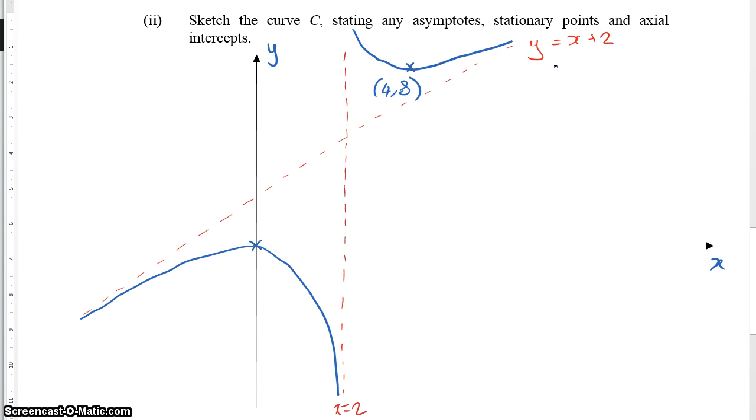So this would be what my graph looks like, roughly speaking. I've labeled my asymptotes, that's good. I have labeled my intersection points and turning points, that's good. I just need to write the equation of the graph here somewhere. And that is it for me.